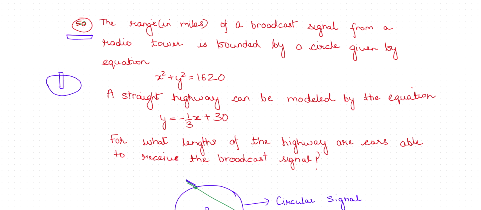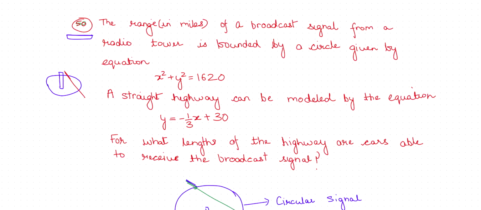And a straight highway can be modeled by this equation. So for what lengths of the highway are cars able to receive the broadcast signal?